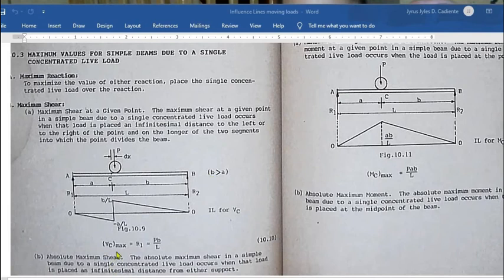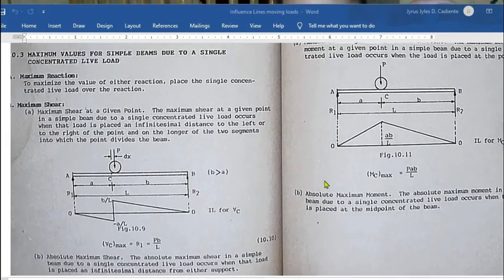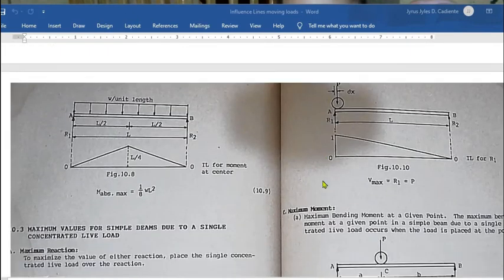So, maximum shear at point C is simply equal to P times B all over L, which is also equal to R1. The absolute maximum shear in a simple beam due to a single concentrated live load occurs when that load is placed at infinitesimal distance from either support.